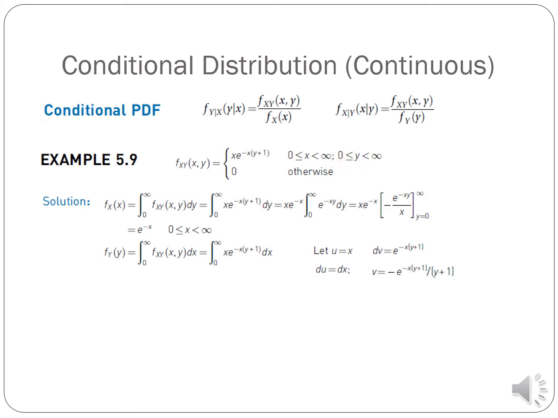So while calculating fy, we have to use the uv formula. We can let u equal to x and dv equal to e to the power minus x(y plus 1), and following that, if you follow the uv formula, you will finally get 1 over (y plus 1) whole squared.